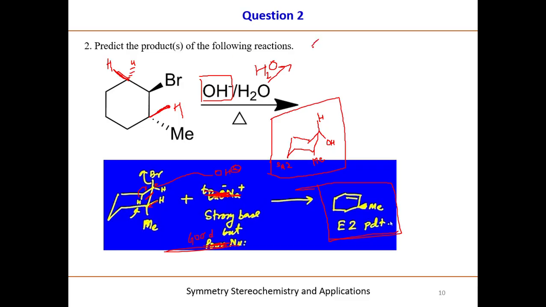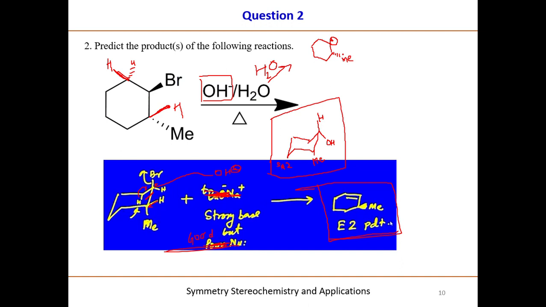Here what we will get? Carbocation formation, right? As we have discussed in the previous case, the carbocation on the tertiary carbon atom is more favorable and more stable.